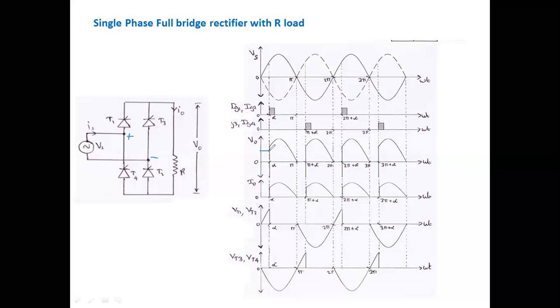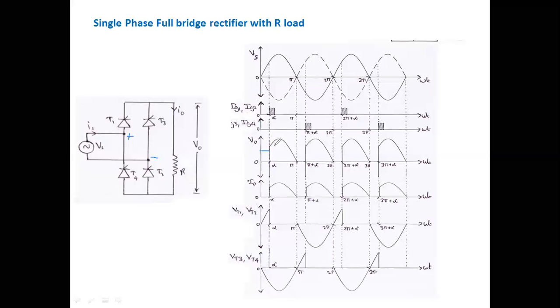So the output voltage and the output current in this mode are 0. The voltage across T1 and T2 is plus Vs, as they are forward biased, and the voltage across T3 and T4 is minus Vs, as they are reverse biased.